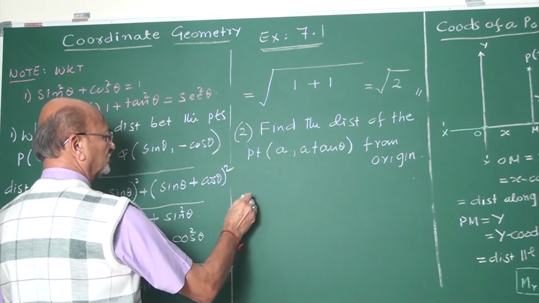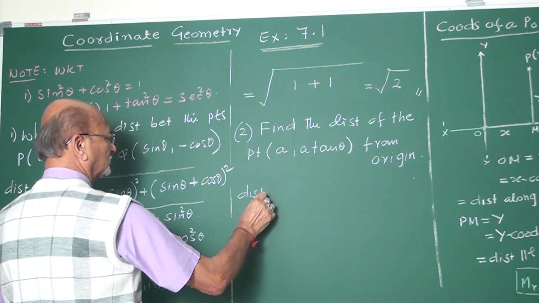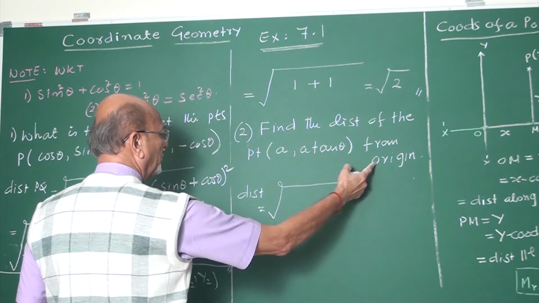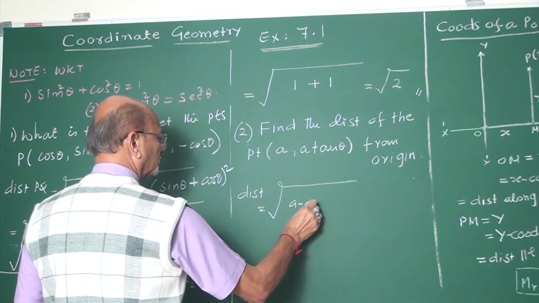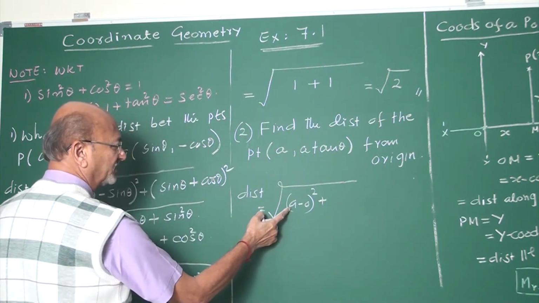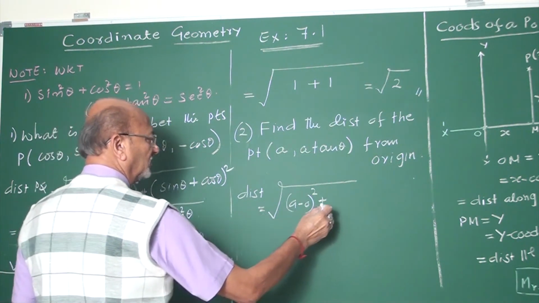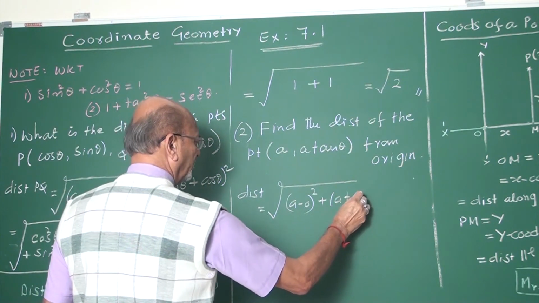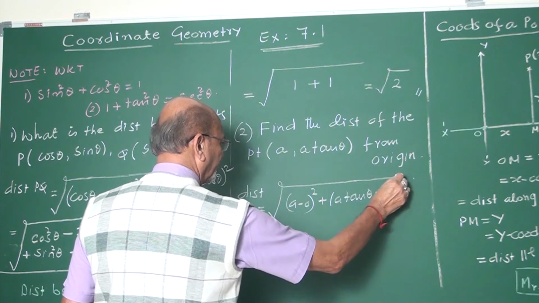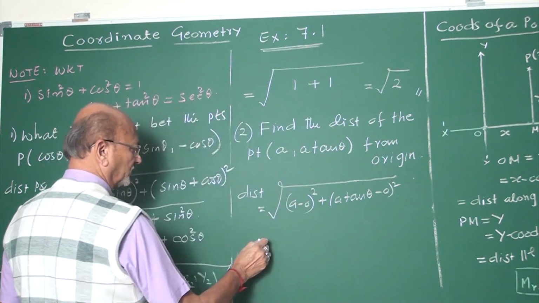What is this? Distance equal to the square root of A minus 0 the whole square. Directly, no need for this. Direct A square, plus A tan theta minus 0 the whole square. Don't write it, you can write directly the next step.